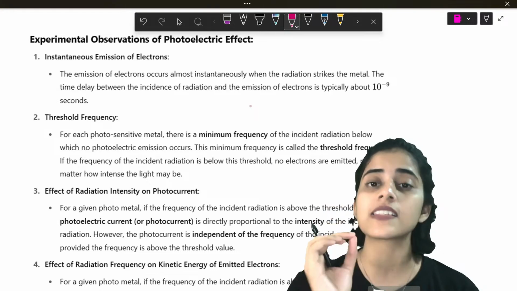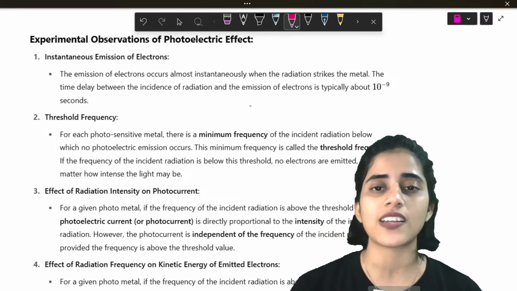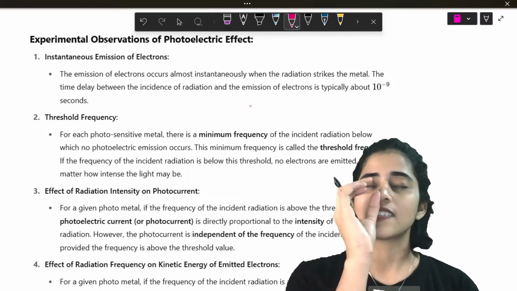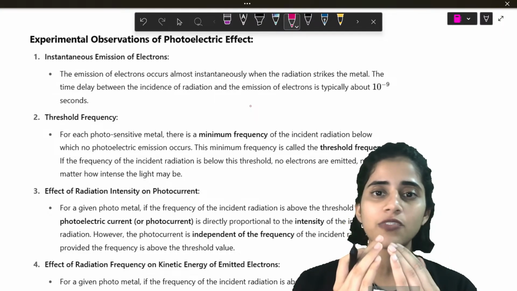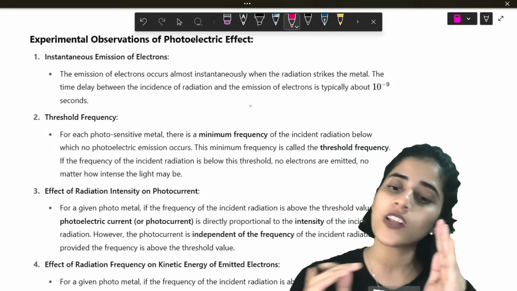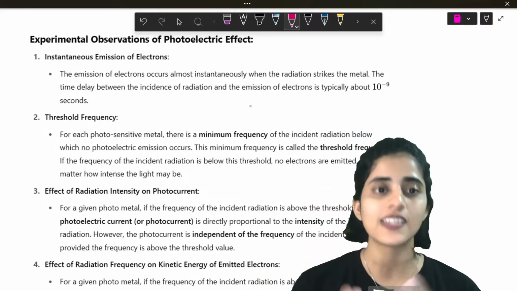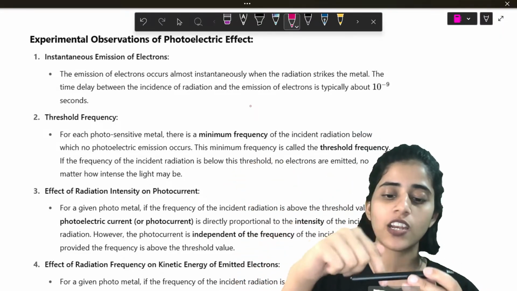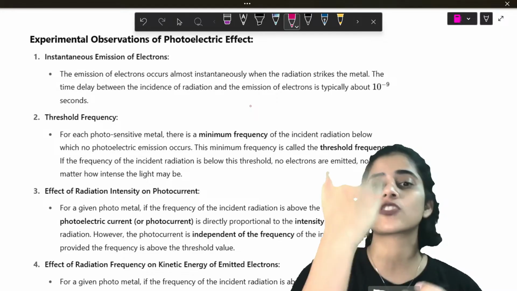Can you imagine how small that is? 1 second is fast, so imagine 0.000 that much seconds. The moment a high energy radiation hits a metal, an electron is ejected.